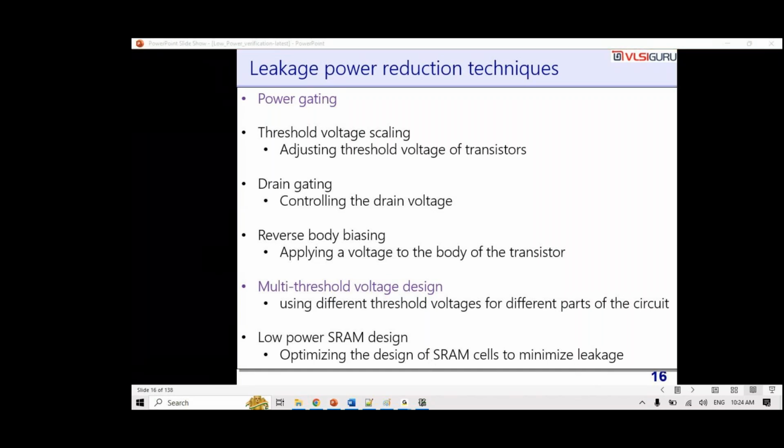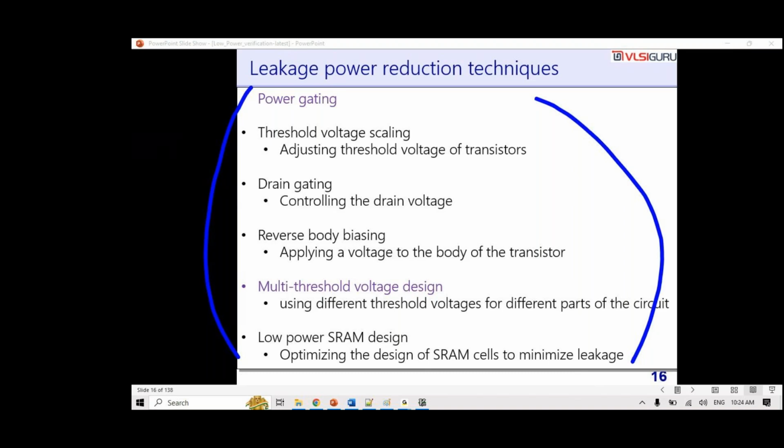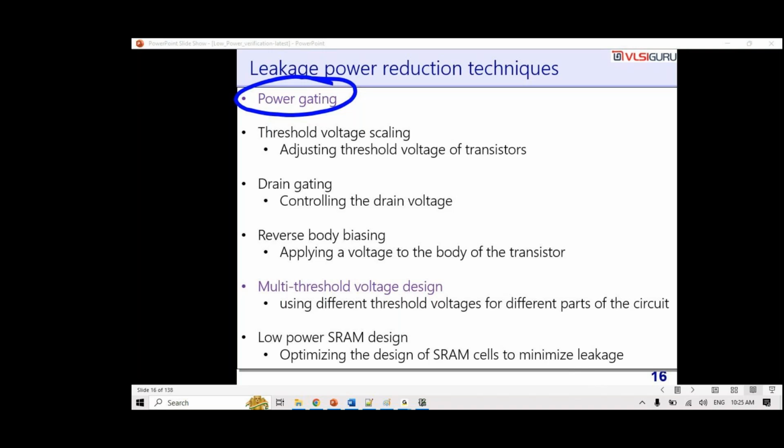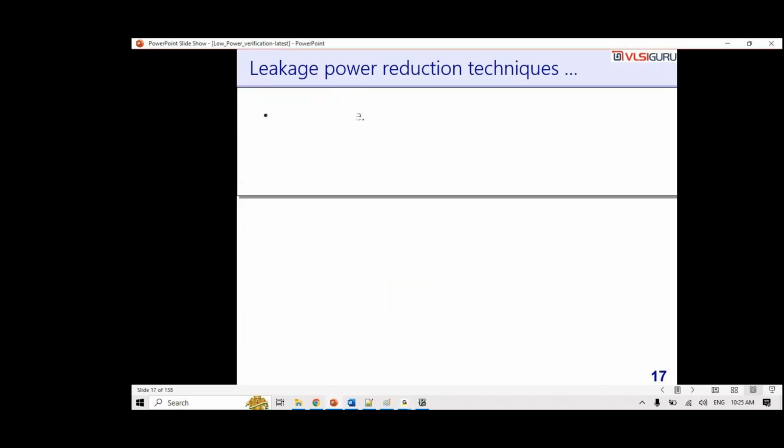Though there are many leakage power reduction techniques, not everything can be implemented by the design engineer. Some of them need to be taken care of at the fabrication level. As a design engineer, there are only a few things he can control: which part of the design should be on high threshold voltage, which part of the circuit should be on low threshold voltage, and when to do the power gating. These are the few things which could be controlled by the design engineer when implementing the overall design.